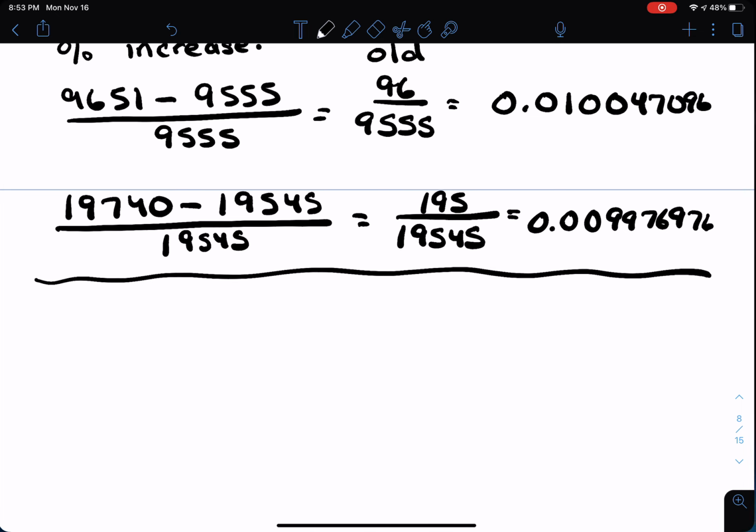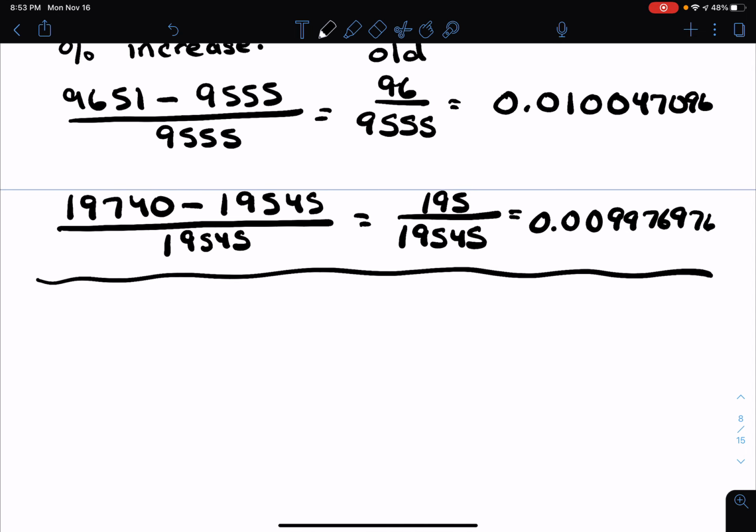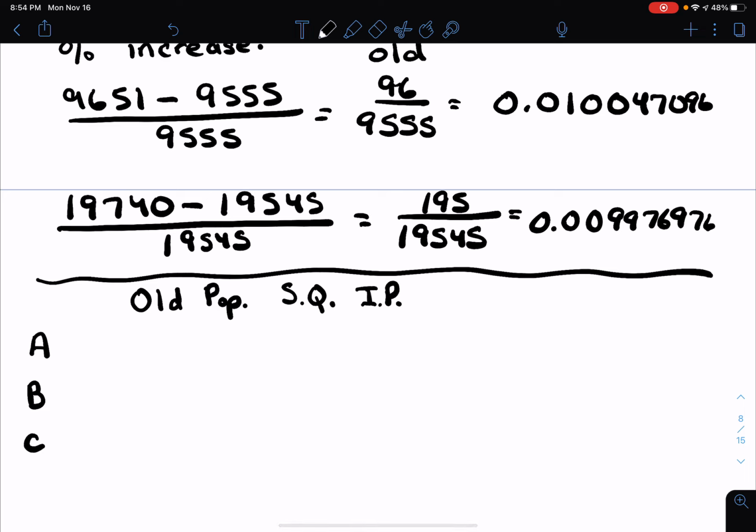All right, so we have states A, B, and C. Old population, standard quota, and then we'll look at integer part and Hamilton's apportionment.